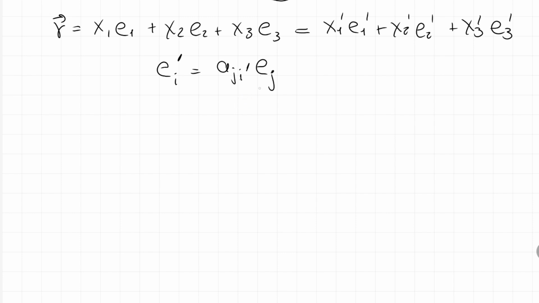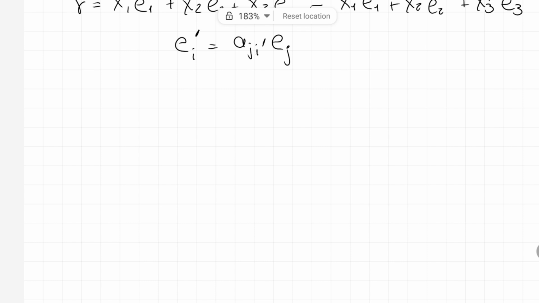What we are doing here is to transform a vector from the natural basis to the prime basis. And if we want to express the transformation matrix, we can write it as, for example, a11 prime, a12 prime, a13 prime, and let me make a pause to complete this matrix.